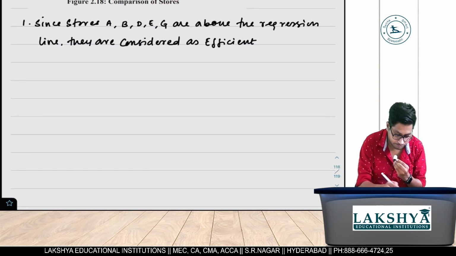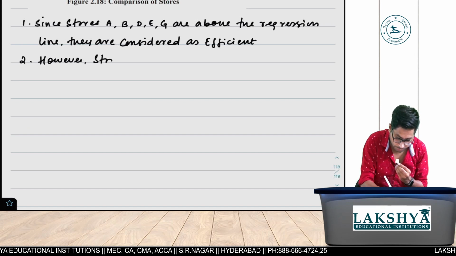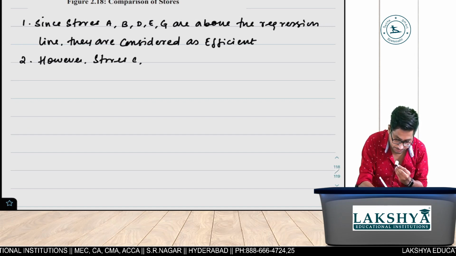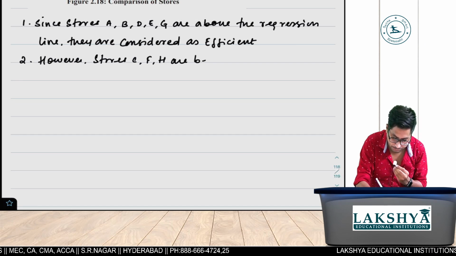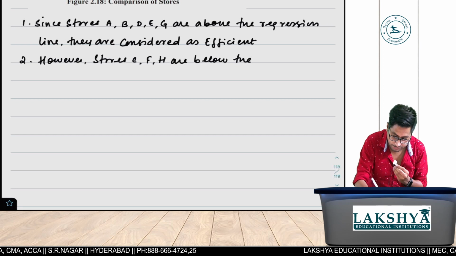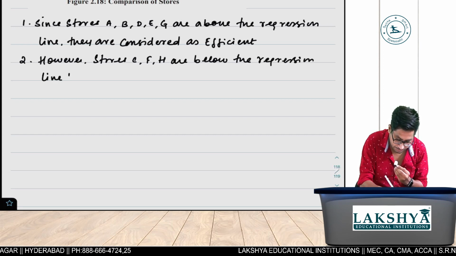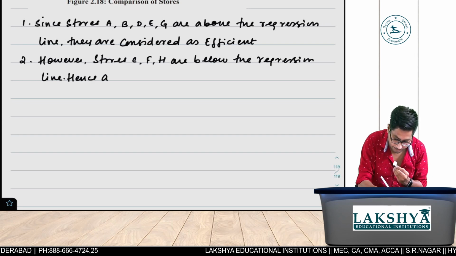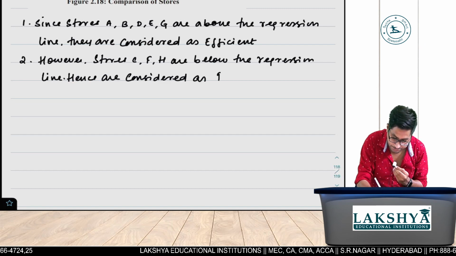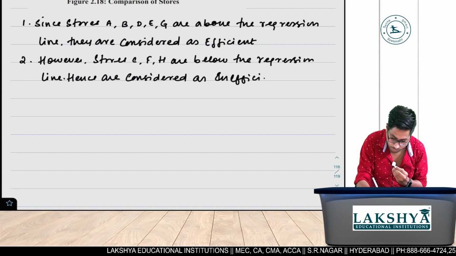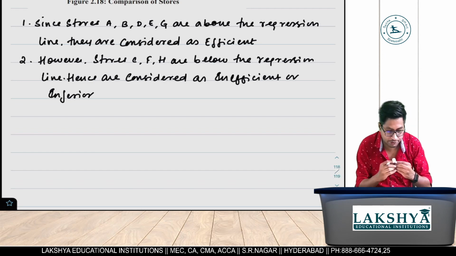Correct? Next. However, stores C, F, H are clearly below the regression line. Hence they are considered as inefficient or inferior.